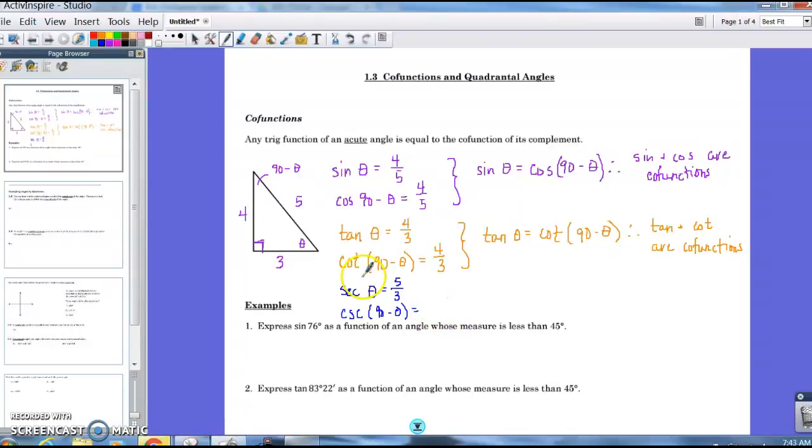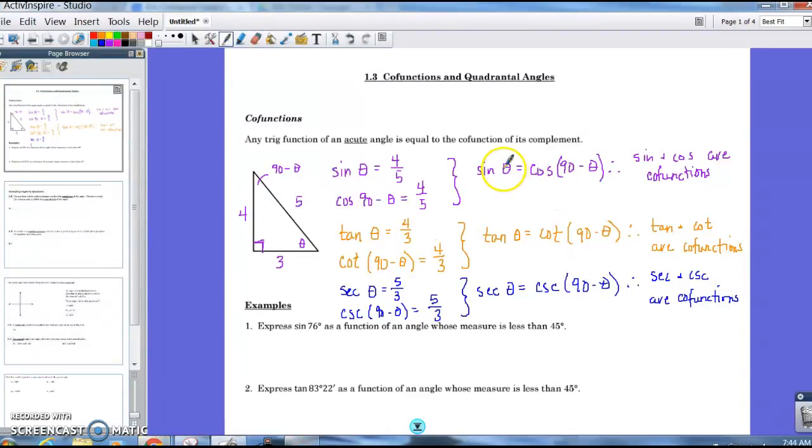Sine would be opposite over hypotenuse, so that would be 3 over 5. Flip that, and you also get 5/3. So we can say that the secant of theta is equal to the cosecant of 90 minus theta. And therefore, secant and cosecant are cofunctions.